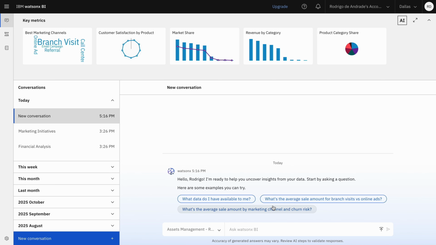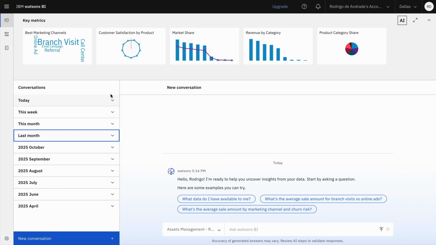So this is the watsonx BI main screen. Here we have our traditional welcome message and some suggested questions. On the left side, you have the history of all our old conversations. And on the top, I have my key metrics carousel with all the metrics that I want to follow because they are important to my role.